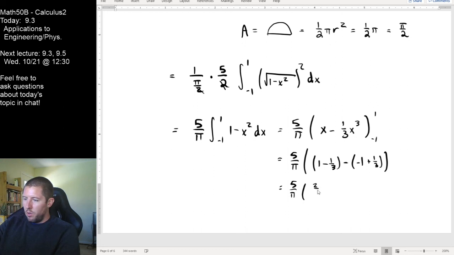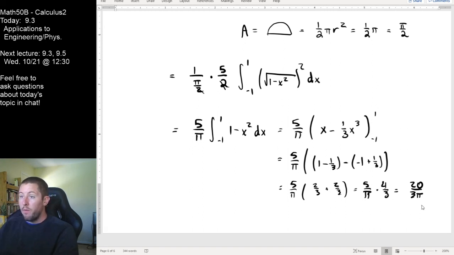That's going to be 2/3 plus 2/3, which is 5 over pi times 4 over 3. And so I'm getting 20 over 3 pi is going to be that y value center of mass for just that top.